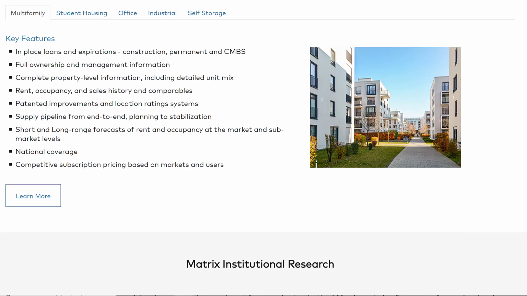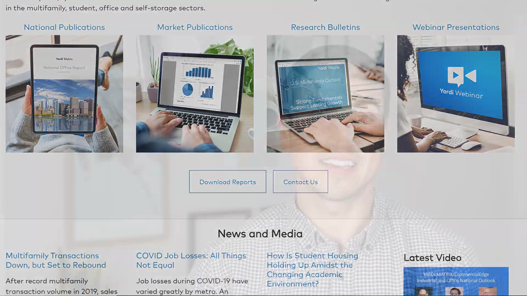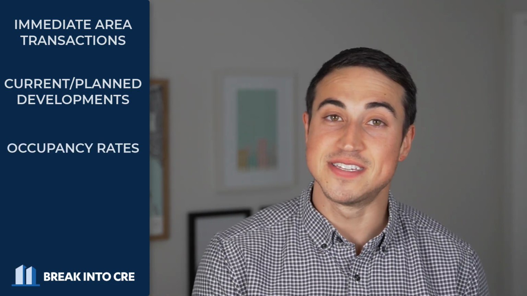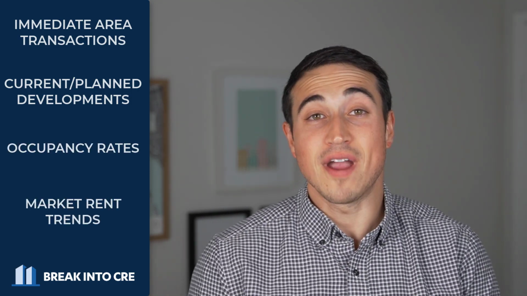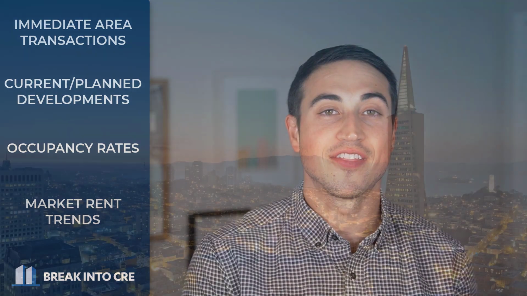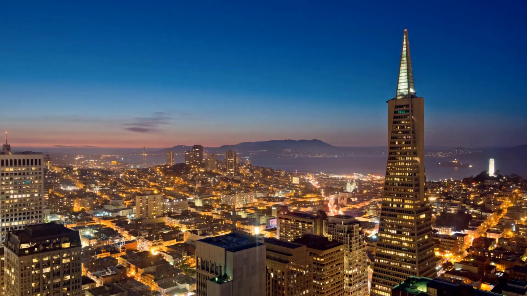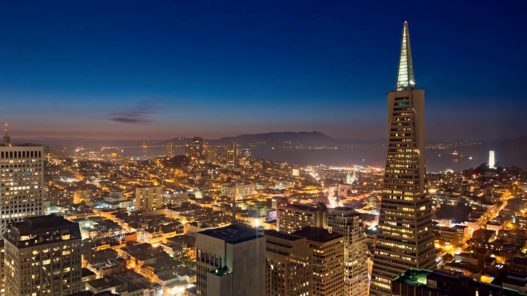So although you can't always pick and choose the exact information you want to see presented in an investment package, OMs will generally have an entire market section dedicated to what's going on in the immediate area, developments that are both planned and under construction, occupancy rates for the specific product type being sold, where rents are trending in the market, and many other factors that might impact the rents you can expect, the vacancy you can expect, or where both might go in the future.